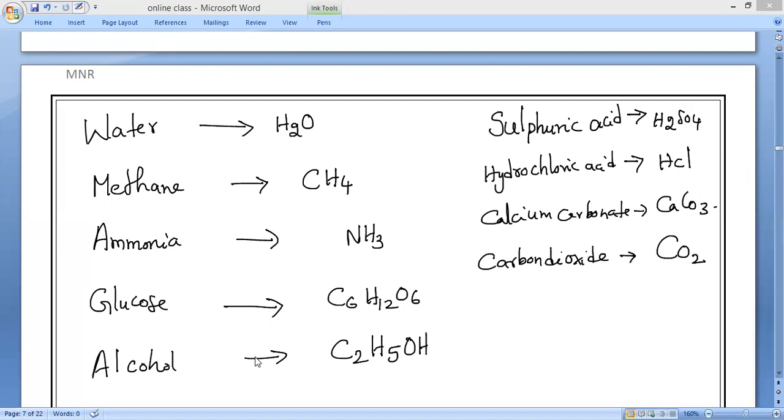So you all need to learn that tabular column by heart. Unless you know the tabular column, we cannot write any formulas. That is page number 37, which we discussed in yesterday's class, that is, types of ions.